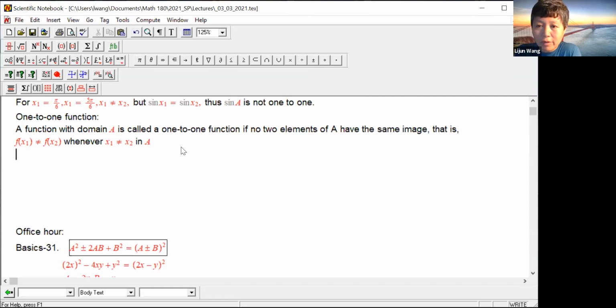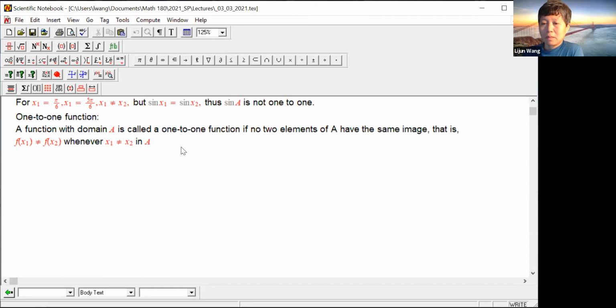Of course, the writing I have on the top can be shorter. But I'm quoting the opposite of the definition, isn't it? The definition says whenever. Well, I have one case where the inputs are not the same, but the outputs are the same.